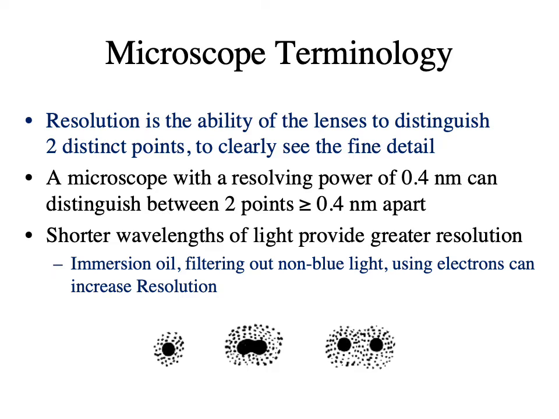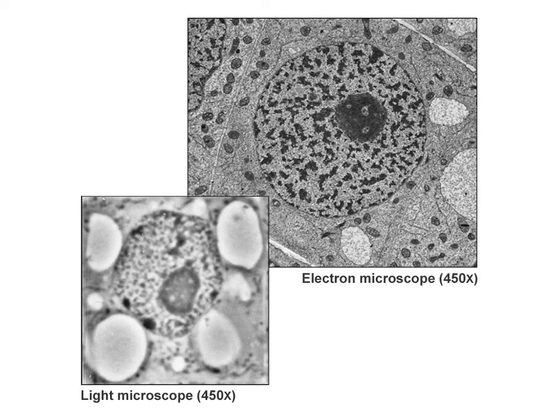That's where you can see two distinct points and clearly see the fine detail. These are two images. We use the light microscope, and you can see the image is a little bit fuzzy. But if you look at an electron microscope, which has increased resolution, you are able to see much more detail.